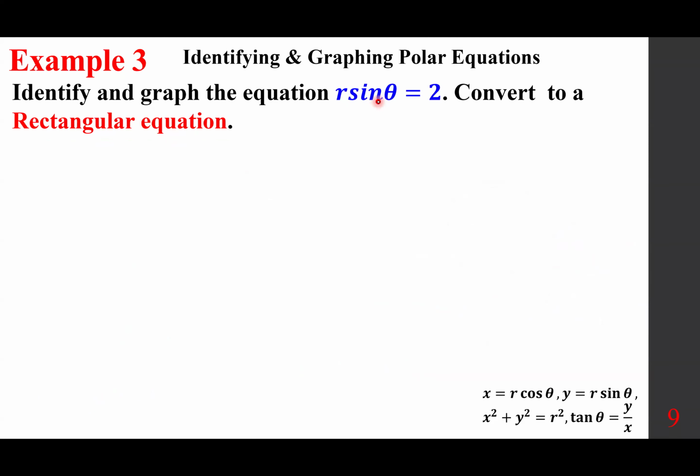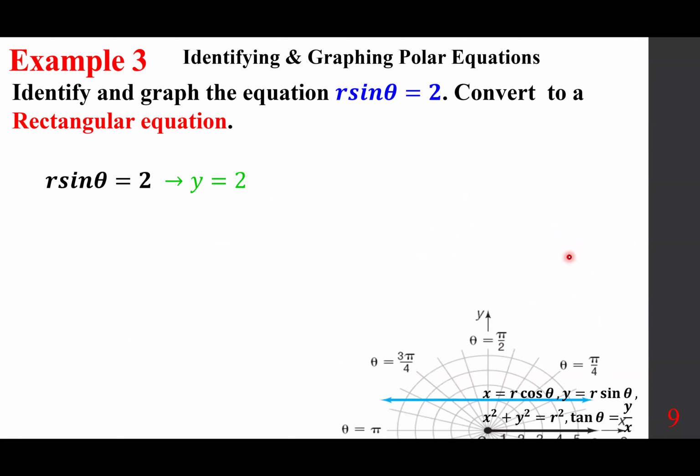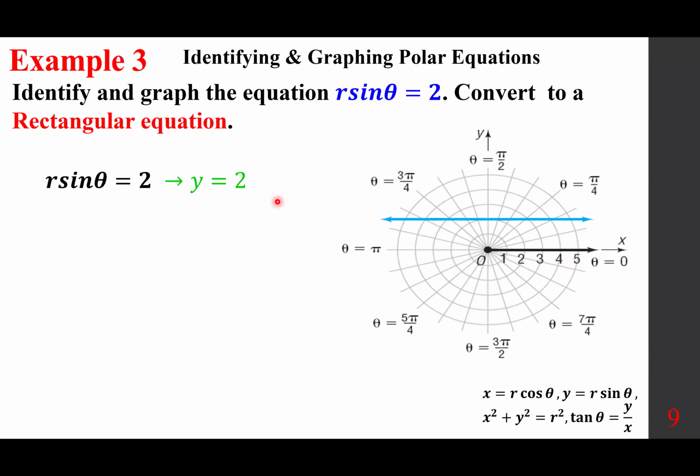What about r sine theta equals 2? I hope you recognize this one as y. Therefore, what is y equals 2? A horizontal line. So you know y equals 2 in a rectangular coordinate system. We have x and y, okay, class? In a rectangular coordinate system, that's what we have.